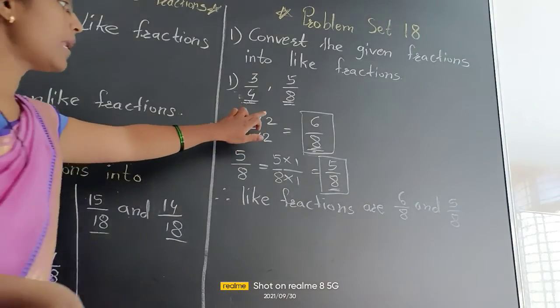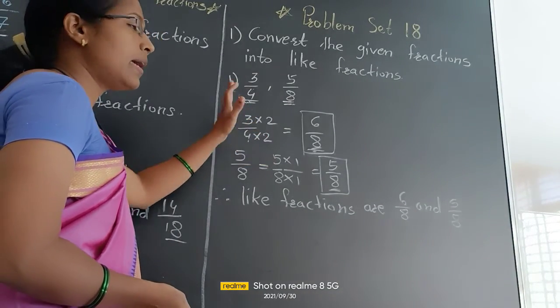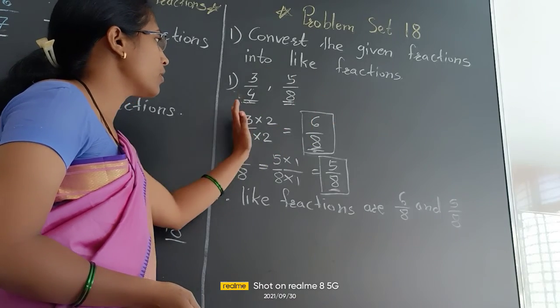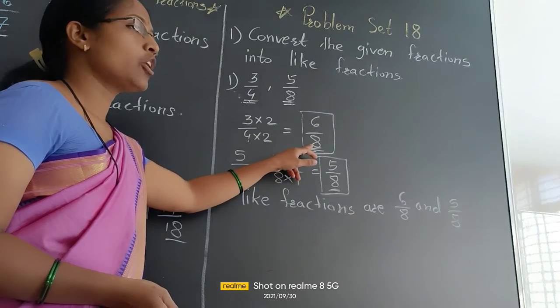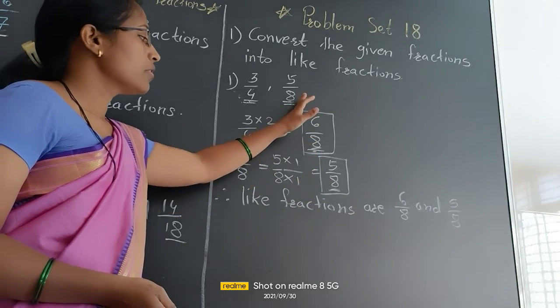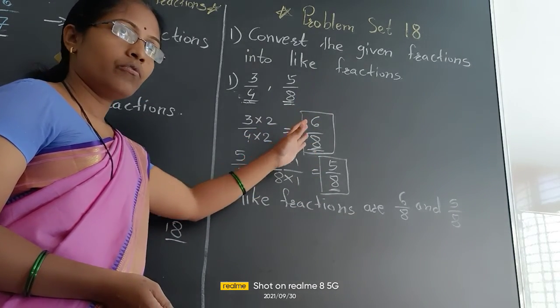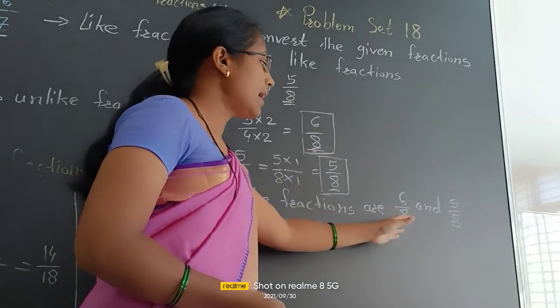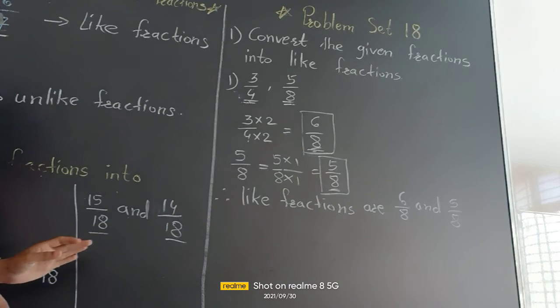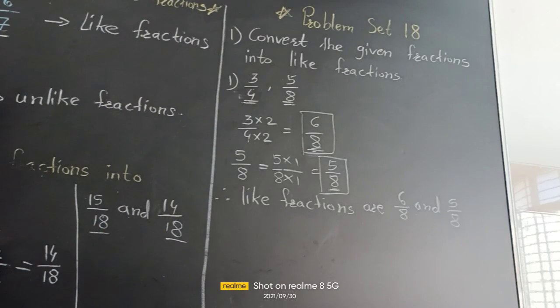We just multiply by the same number, take the equivalent fraction for the given fraction, and make the denominator the same. Then we get the equivalent fractions for the given ones, and those are the like fractions. Clear? Now the second one, you will solve? Yes. Okay, solve.